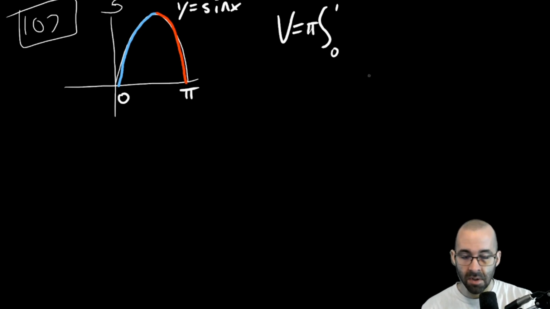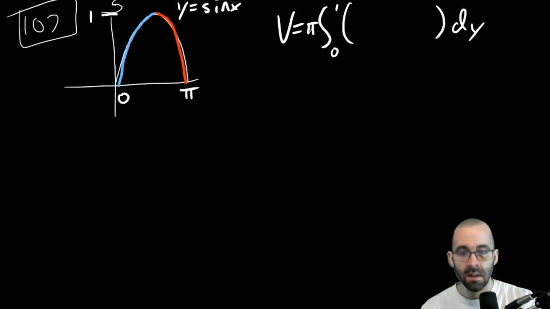Y is going from 0 to 1 here, of red squared minus blue squared. But they need to be in terms of y. Right? It's f of y squared minus g of y squared. And that's the tricky part here.